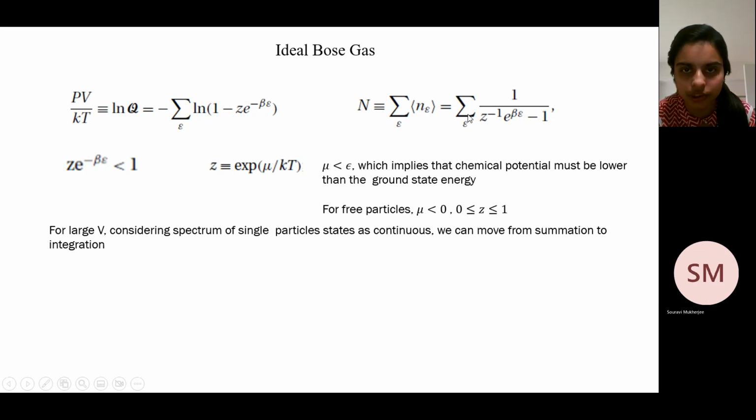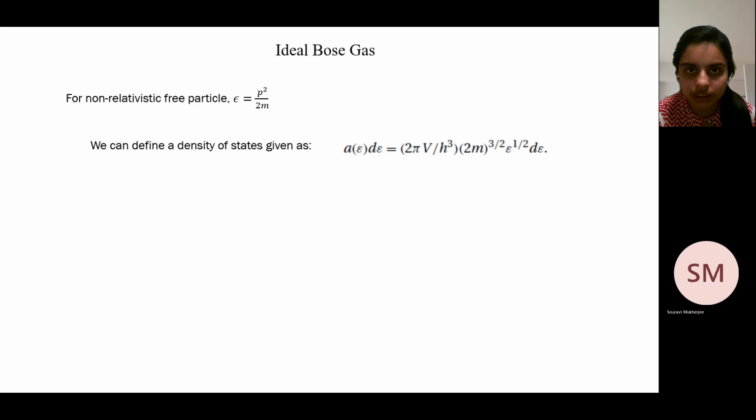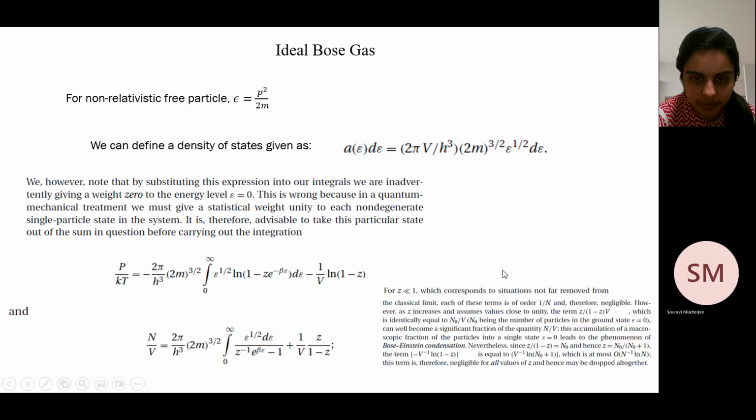We are just looking at the mean occupation number, and that is given as 1 by (Z inverse e to the power beta epsilon minus 1). Now, when you put epsilon equal to 0, what you get is 1 by (Z inverse minus 1), right? That is equal to Z by (1 minus Z), and that is what you have here, Z by (1 minus Z).